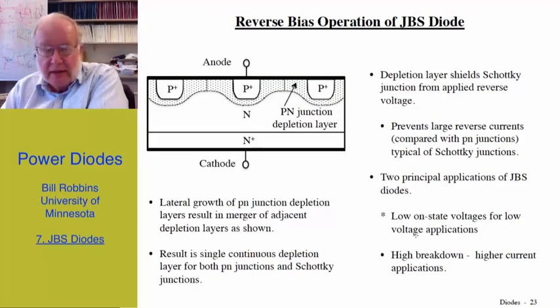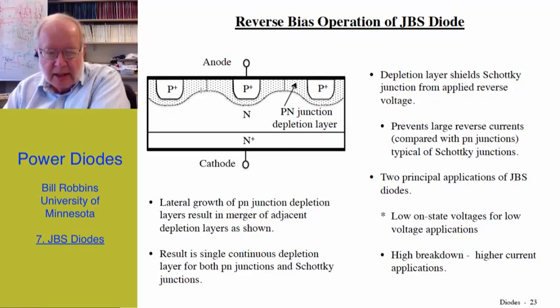Going to the next slide, first I want to talk about reverse bias operation of the JBS diode. Here I show the diode under reverse bias conditions and a depletion region which is large enough to have formed a continuous PN junction depletion region, which not only blocks conduction of the PN junction but also blocks conduction of the Schottky diode.